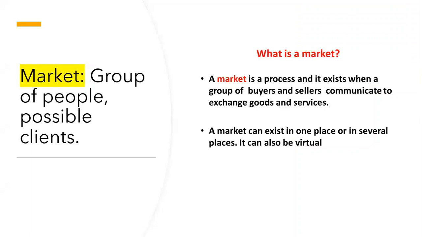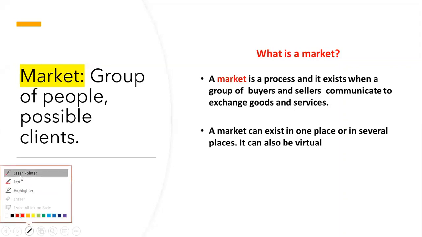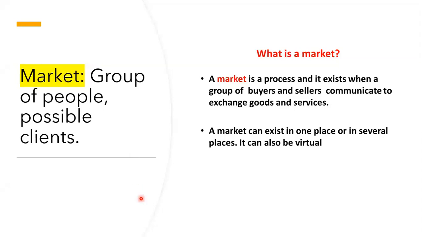So what is a market? And here on the left, we have a very short definition that some of you told me last year after we studied together. Basically, a market is a group of people, possible clients. I know you remember that very well because it was a very easy concept. What is very important is that when we're talking about entrepreneurship or entrepreneurial process or business plan, when we're talking about market, we're talking about people.